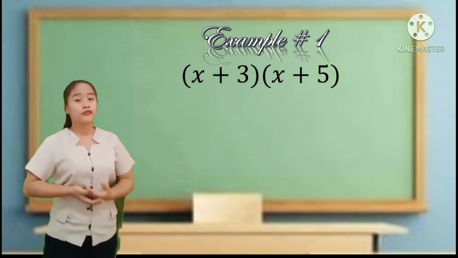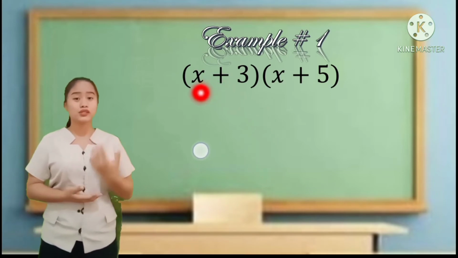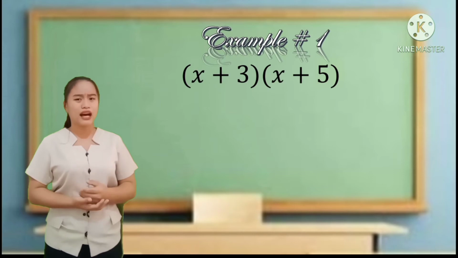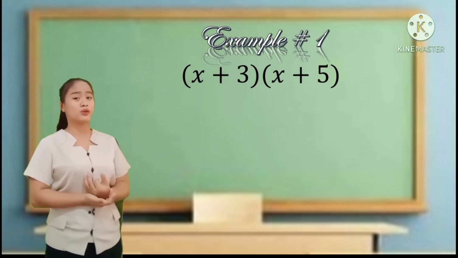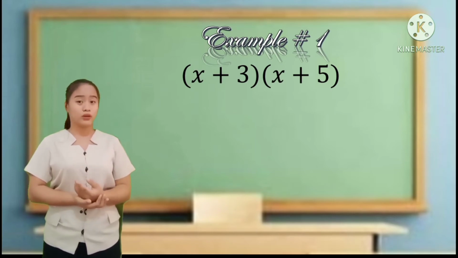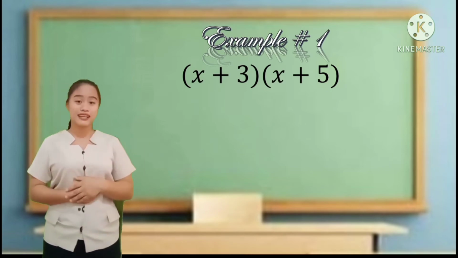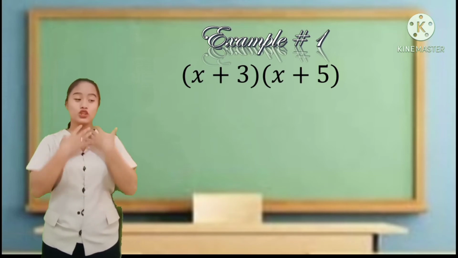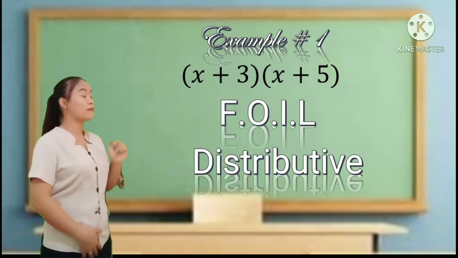This is an example of binomials because in every binomial there are two terms. If we have two given binomials, there are special products in multiplying binomials. But this time, we will just focus on our problem, because we will discuss that after we finish discussing dividing polynomials. If our given is x plus 3 multiplied by x plus 5, we can use the FOIL method or the distributive property.